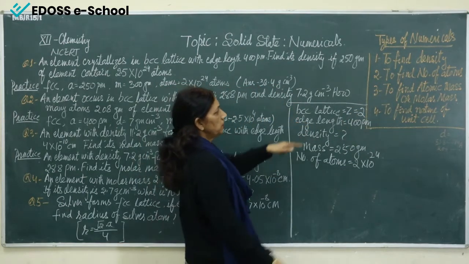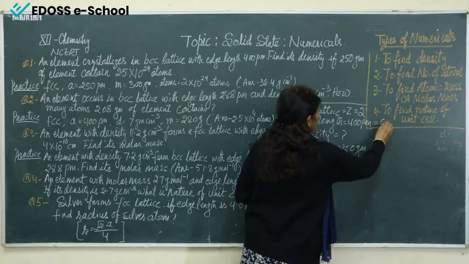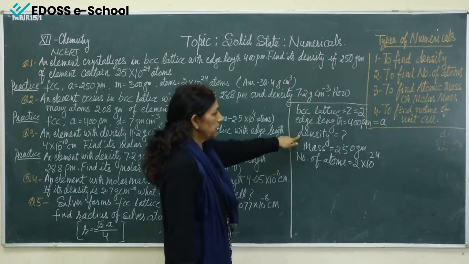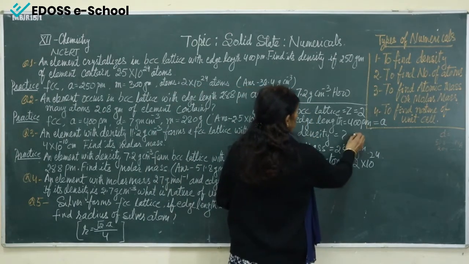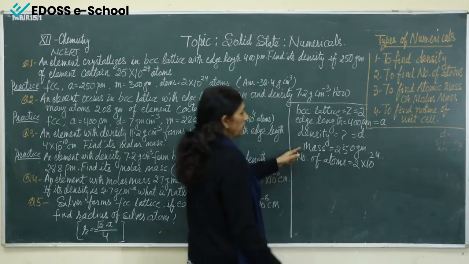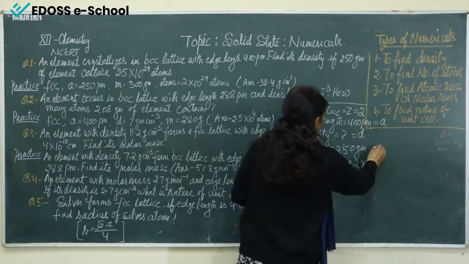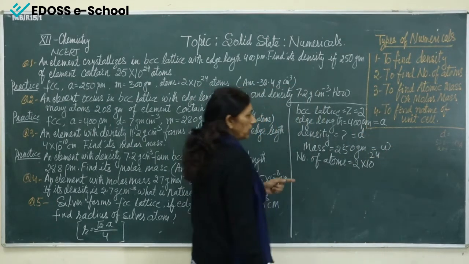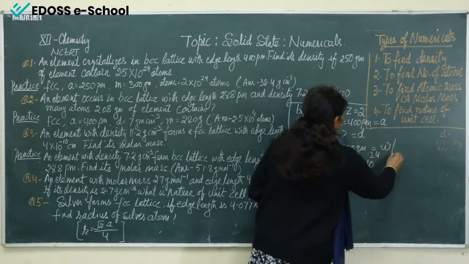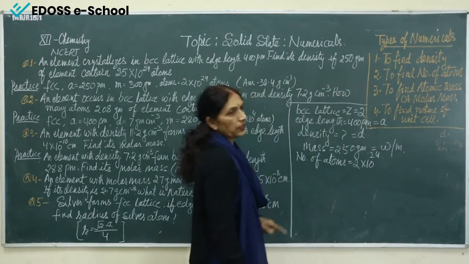Edge length is a. Density we know is known as d. Mass we can say is W or small m, and number of atoms is given to you.